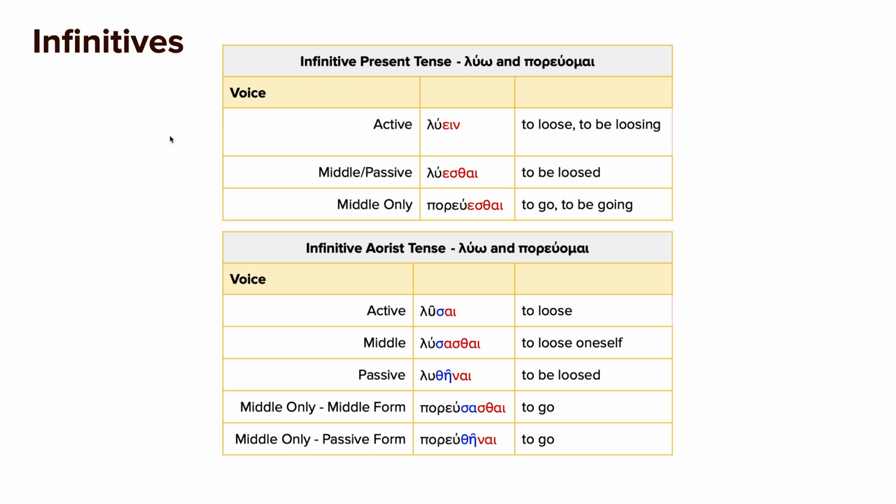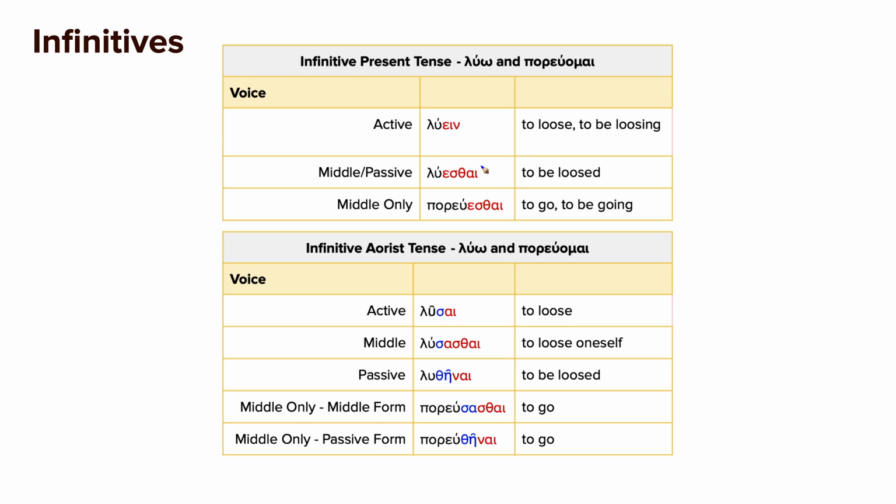So we have two different tenses for infinitives. We have present tense and we have the aorist tense. And I'm not going to go into too much detail about how these differ, except to say that generally you'll have the present tense infinitive when it's an ongoing action. Like when you want to say, I want to be walking right now.